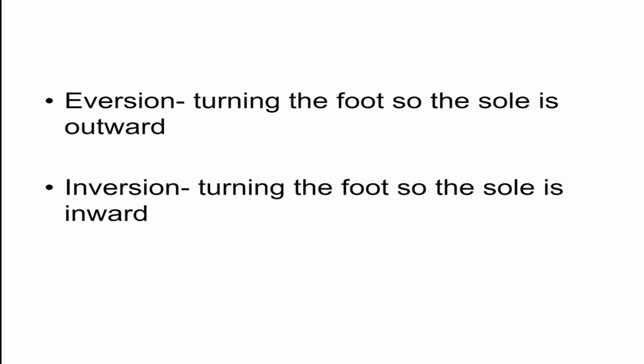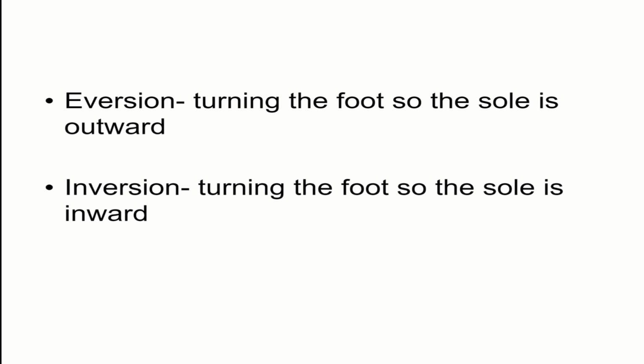Generally, we talk about these in situations where something has gone wrong, like a sprained ankle or a broken ankle, and we talk about the ankle or the foot being everted or inverted. And we might talk about it if we are looking at occupational therapy, where we're trying to understand someone's gait and maybe they're walking on the outside edges of their feet.